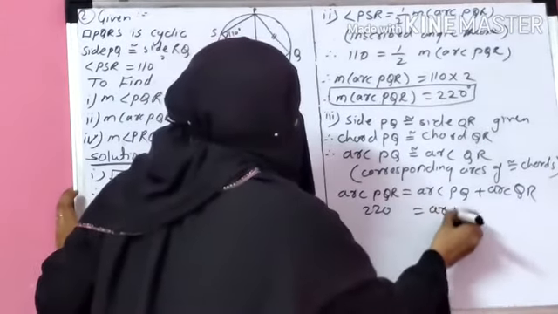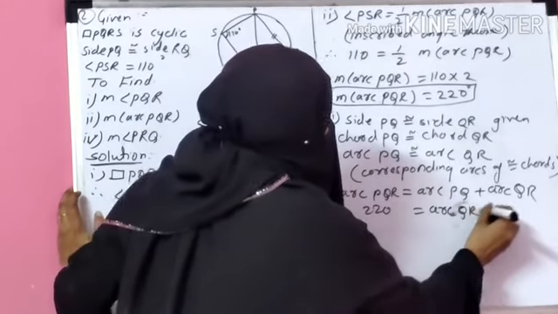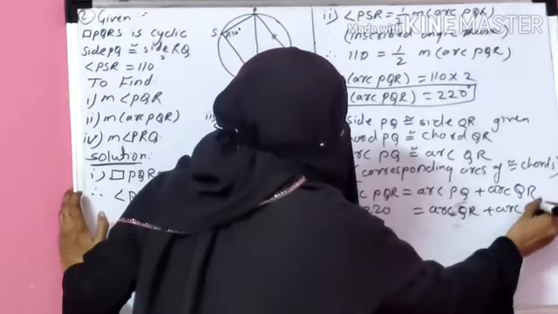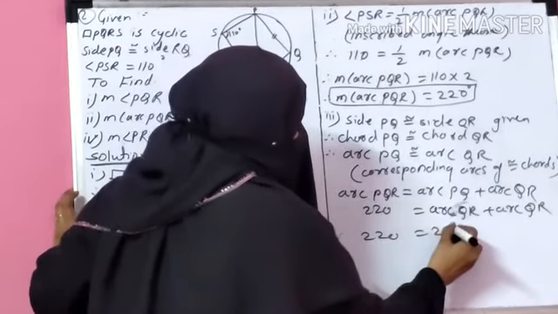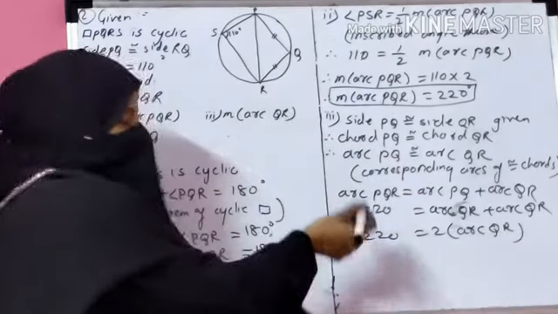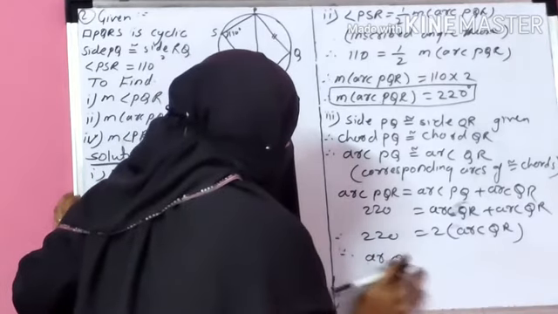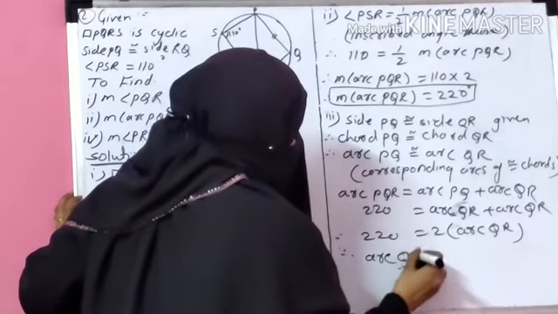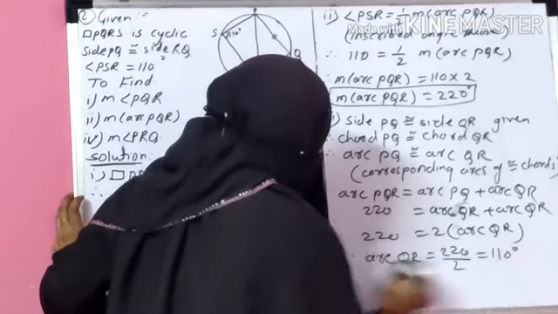So 220 is equal to arc QR plus arc QR, that is 2 times arc QR. Here 2 is in multiply, so it comes in divide. So arc QR is equal to 220 divided by 2, that means 110 degrees.